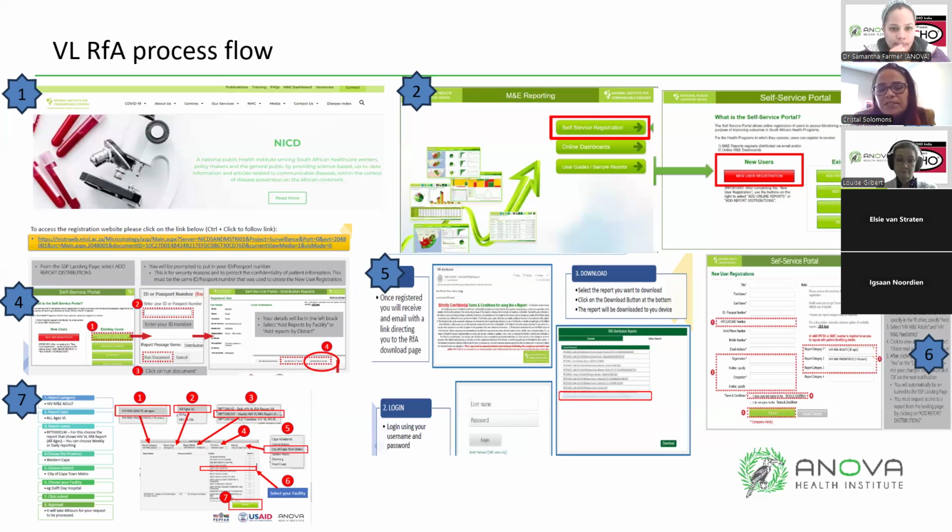There's a district report, your facility report, even a sub-district report. Currently it's limited to CD4, viral loads, ELISAs, and PCRs. Yeah, so that's basically the reports. Once you are registered, your request needs to go through an approval process.